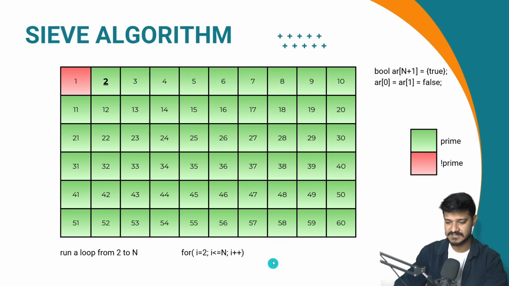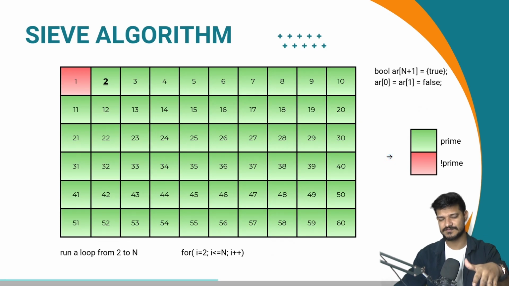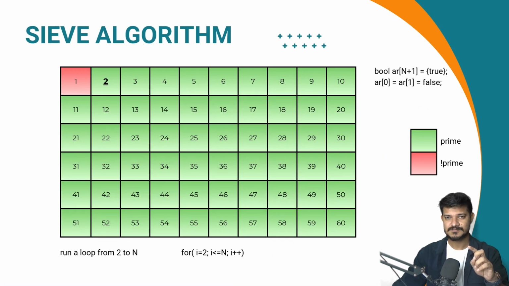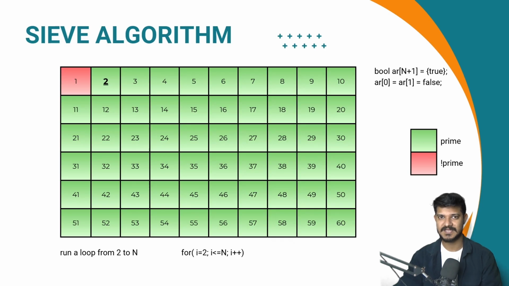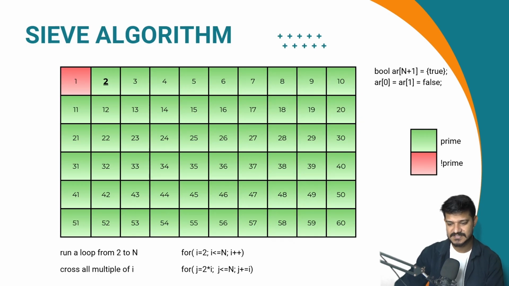So what we'll do is we'll go inside this for loop. Basically there will be another for loop, a nested for loop, to cross out all multiples of I if I is a prime number. So clearly I is a prime number where I is equal to 2. So we'll go ahead and run another for loop, and this time we'll start from twice of I, 4, and then we'll go to 6, 8, 10, and so on.